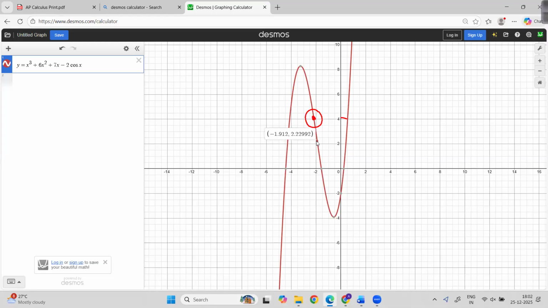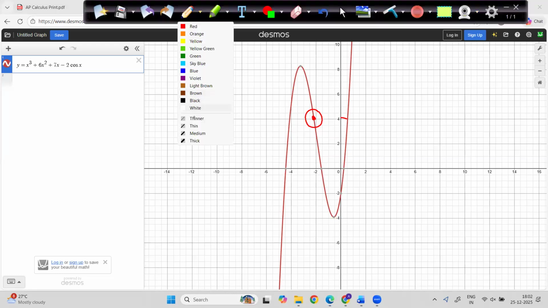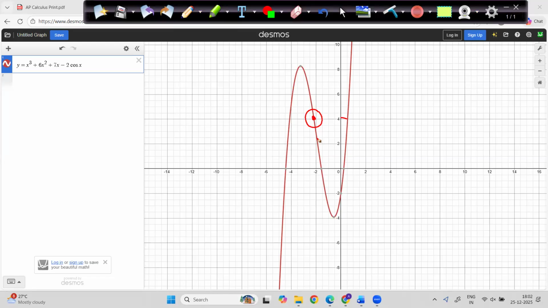I'll go with minus 1.89 because till here the function is concave down, and from here the function is again concave up. So I'll go with D for Delhi as the answer.